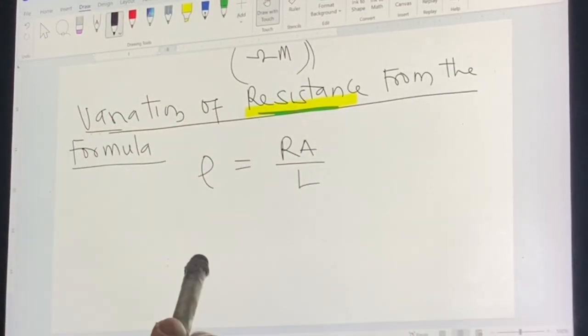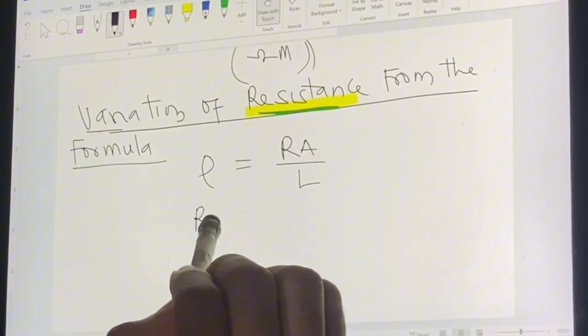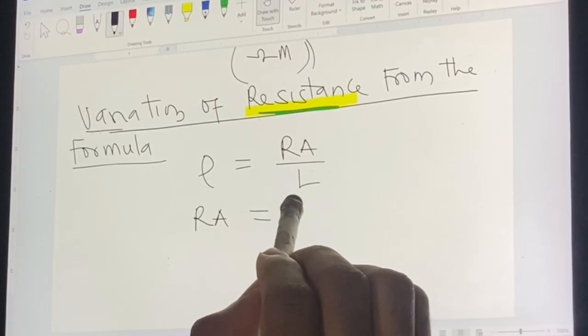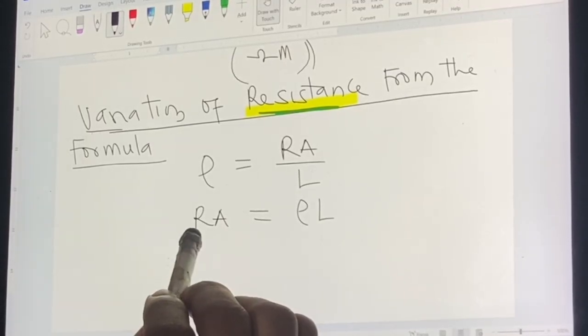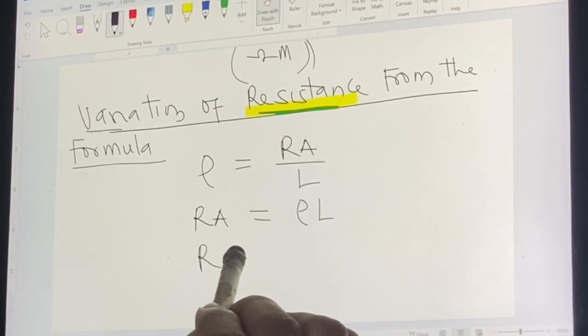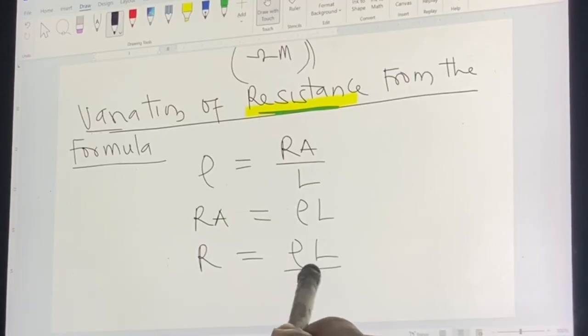Cross multiplying, we have rho L equals RA. Please take note. Divide both sides by A to make resistance the subject. Resistance R is equal to rho L over A.